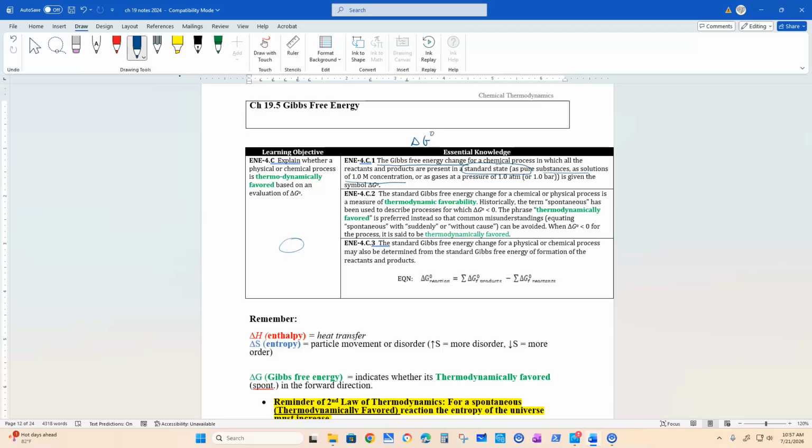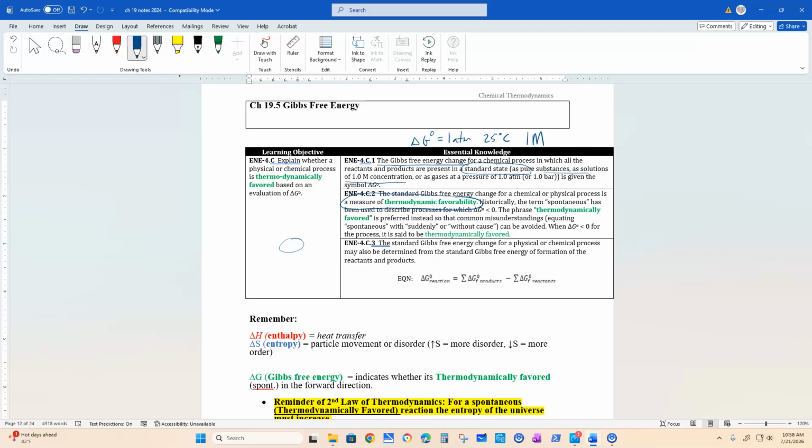Okay, so we know standard state as 1 atm, 25 degrees Celsius, but now when it comes to concentration, we also want the reactants and products to be at 1 molarity, okay? So there is one other criteria that goes with delta G that delta H and S don't look at. The standard Gibbs free energy change for a physical or chemical process is what measures if something is thermodynamically favored.